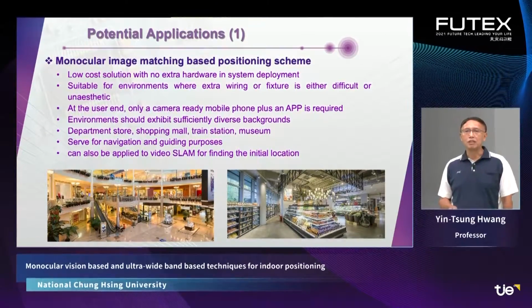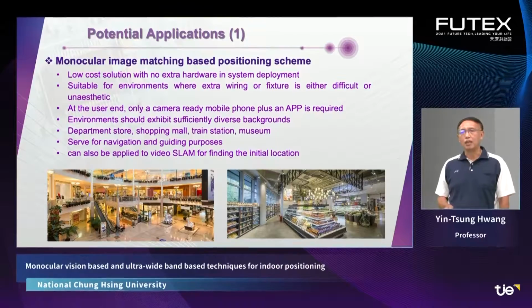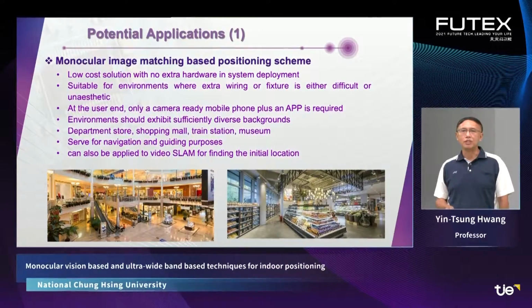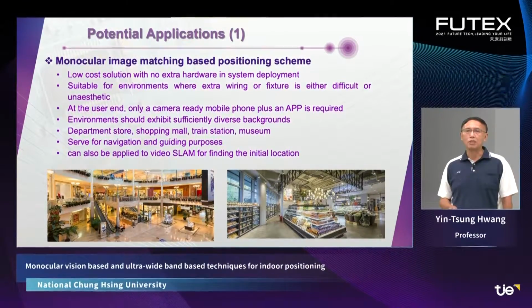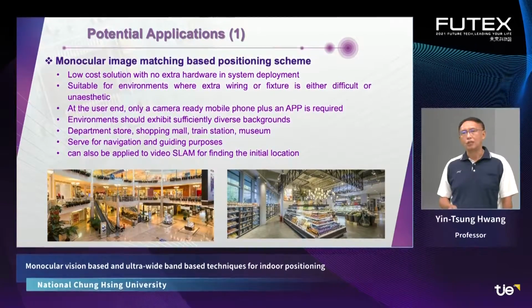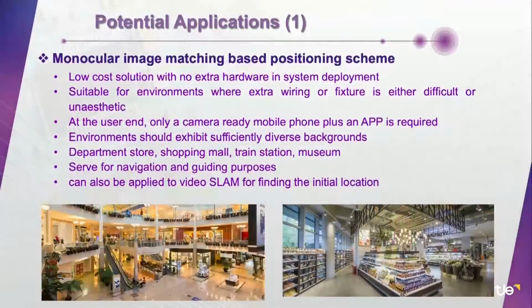For better results, environments should exhibit sufficiently diverse backgrounds. Department stores, shopping malls, train stations, and museums are some examples. It can serve for navigation and guiding purposes. It can also be applied to visual SLAM for finding the initial location.